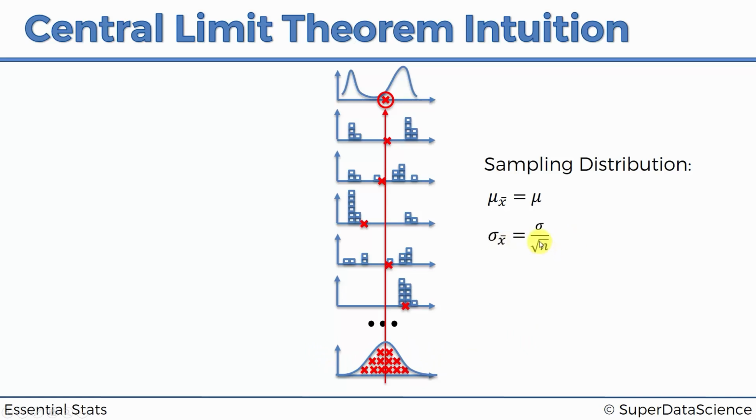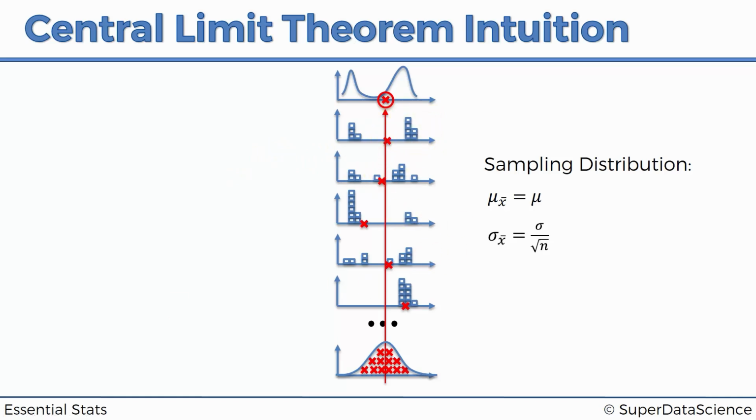And if your n is greater, then this value will be lower. So your standard deviation will be lower, and therefore this will be much taller and narrower, meaning that your actual results here, your sample means, will be very close to the mean of this distribution. So that's what this means, and it's probably intuitive that the more you take, the more accurate, in floating quotations, is every single sample.